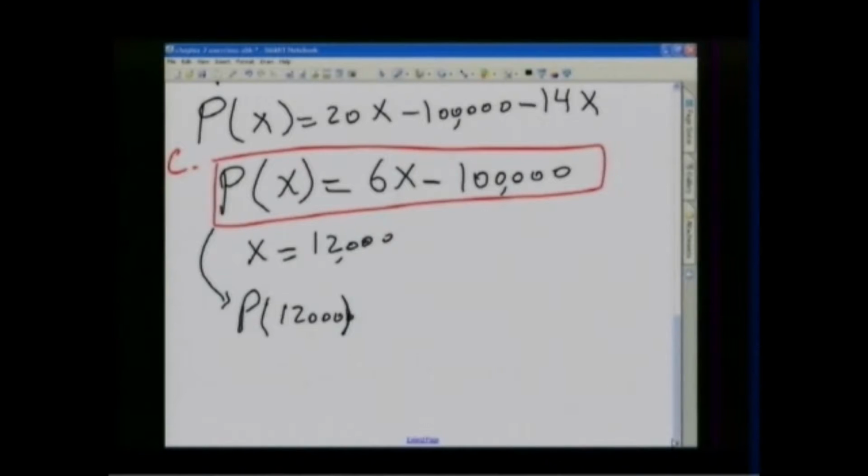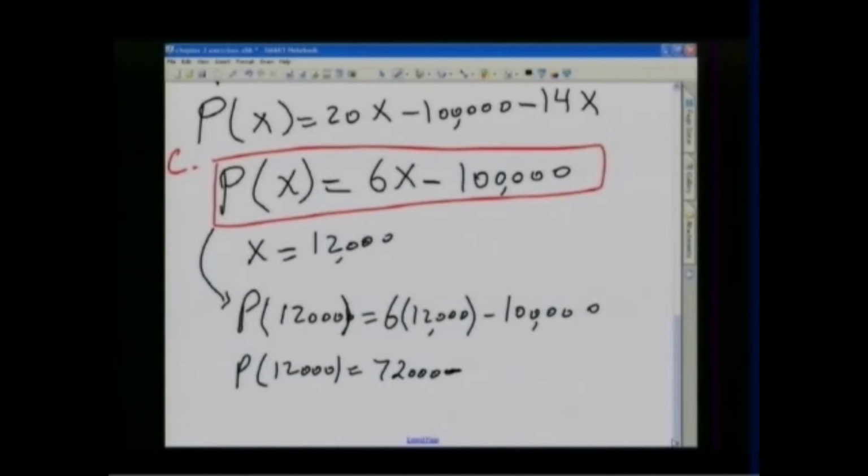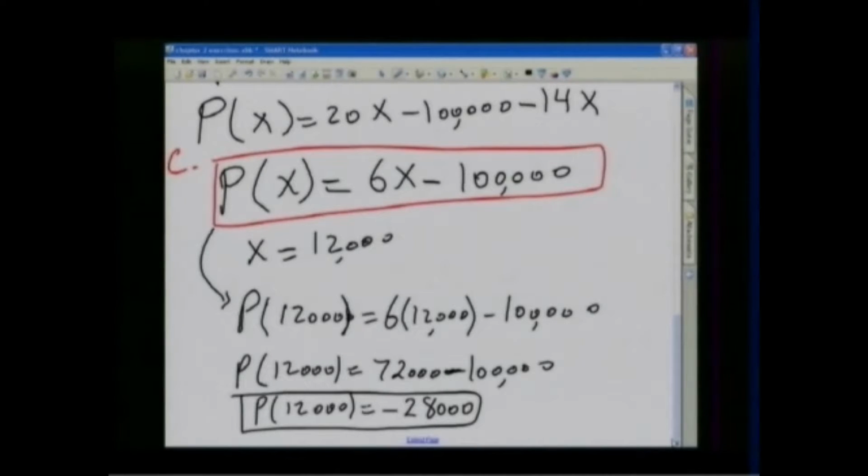That would be equal to 6 times 12,000 minus 100,000. So P of 12,000 is equal to 72,000 minus 100,000. So P of 12,000 would be equal to minus 28,000. So that's a loss.